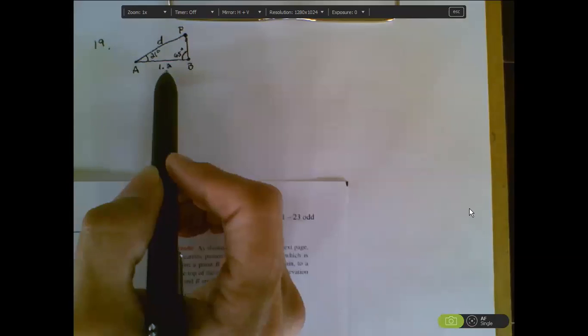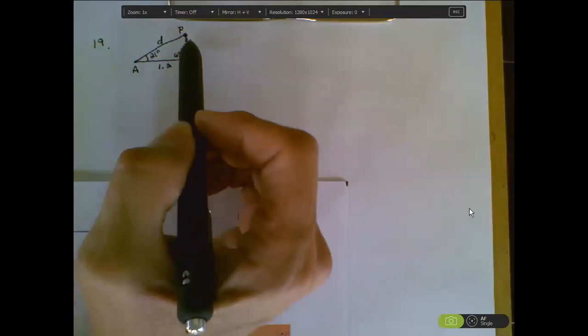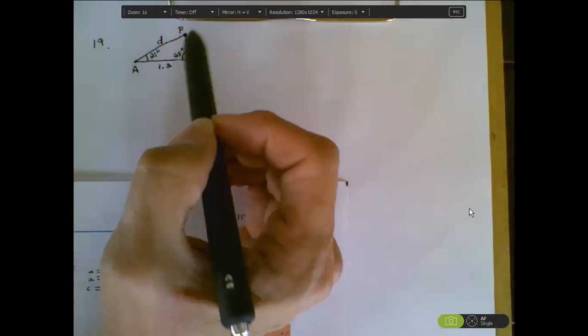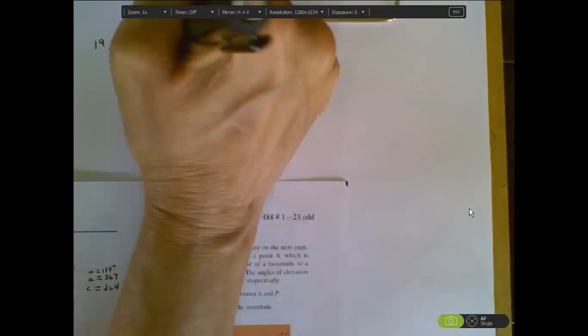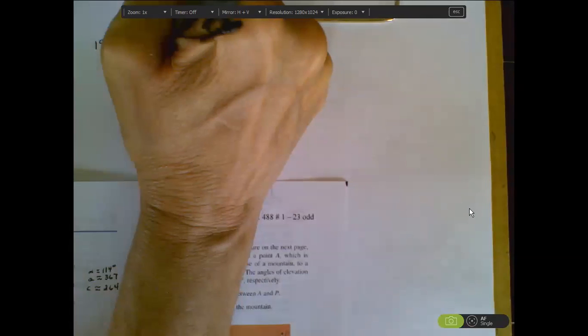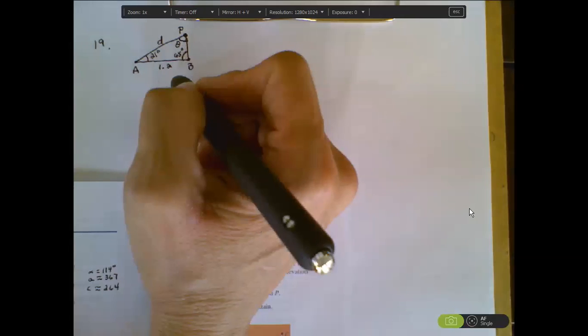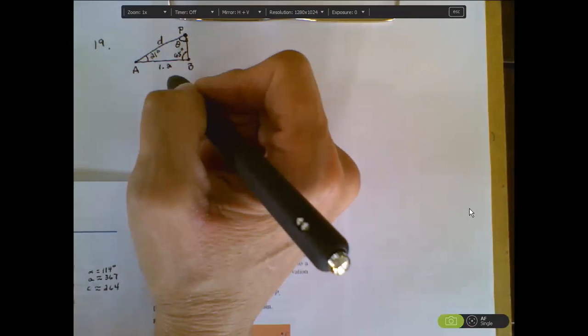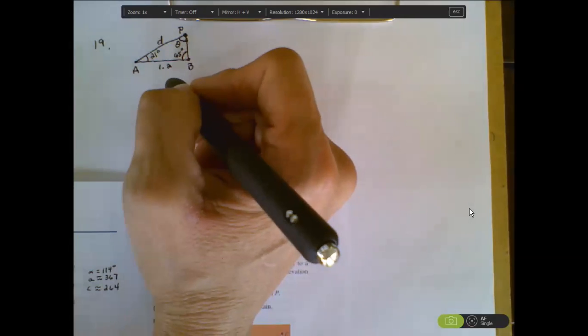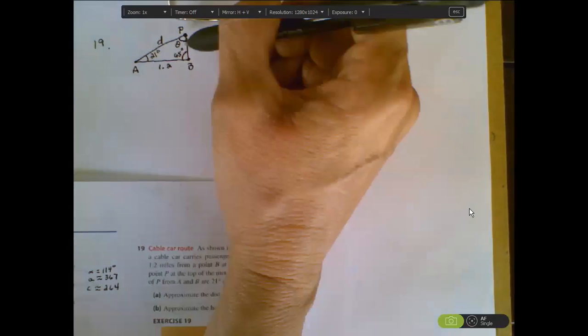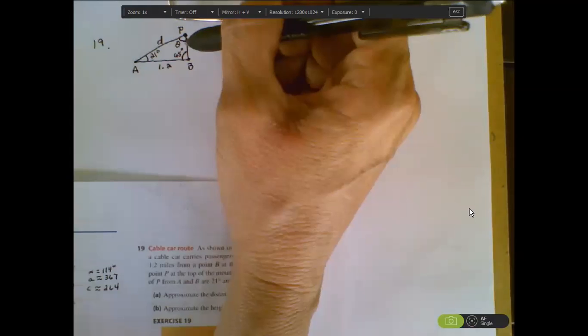Well, the only side I know is this, and I don't have the angle opposite it. So I'm either going to have to be able to find this angle, I'll just call it theta, or I'll have to use some other law because I don't have the requirements for the law of sines. Can I find theta, or am I going to have to invent the law of cosines early?